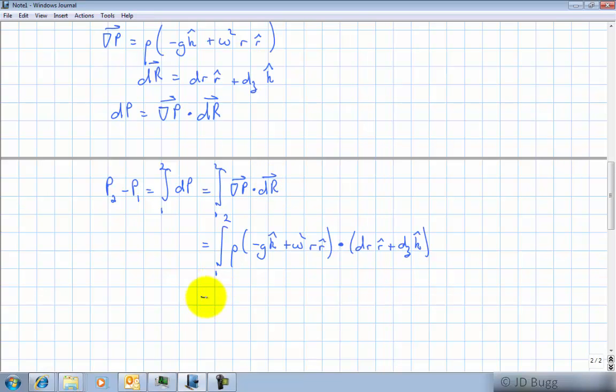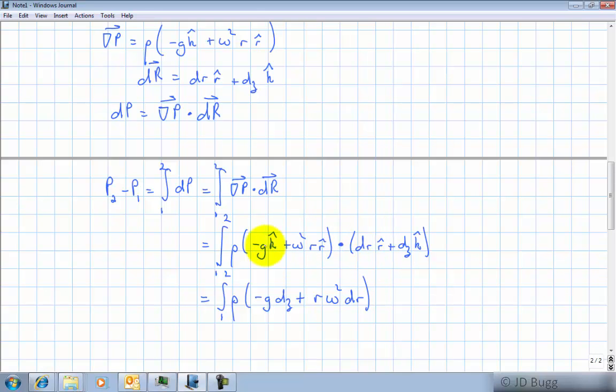Next thing we do is actually take the dot product. So this dot product, we have a density out front here, and in here we would have minus g dz, so the k component multiplied by the k component, plus r omega squared dr. So that's the r component multiplied by the r component.